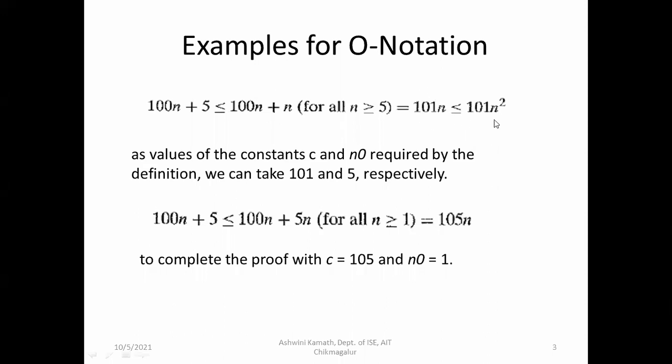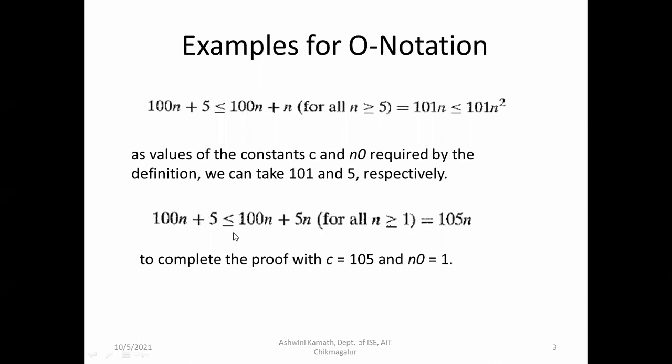I hope you're getting it. Here you can take the values of C and n naught of your choice. You can take any value, but you have to prove that whatever function we have on the left hand side belongs to the right hand side function in big O notation. The value on the left hand side must be less than or equal to the value on the right side.